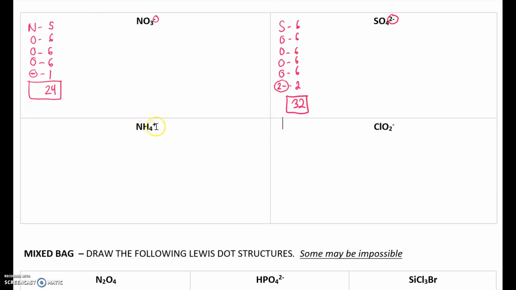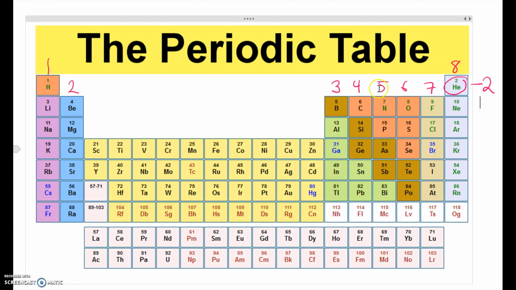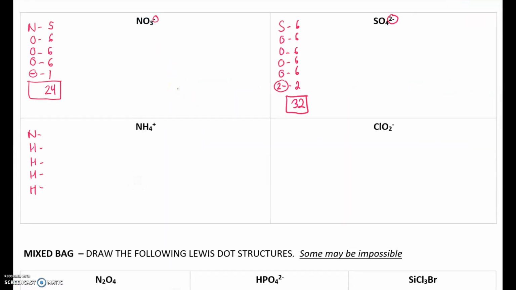Down here for NH4+, we got a nitrogen and 4 hydrogens. And let's go find out how many those are. So nitrogen's going to have 5, and hydrogen each has 1. So nitrogen's got 5, 1, 1, 1, 1.